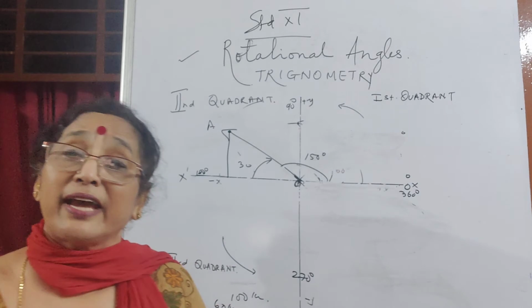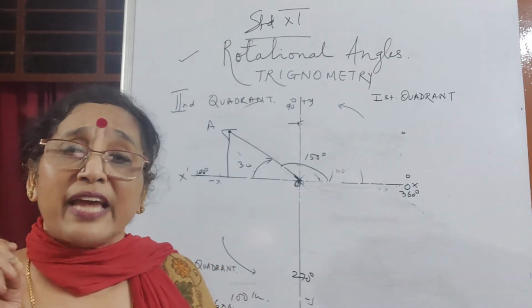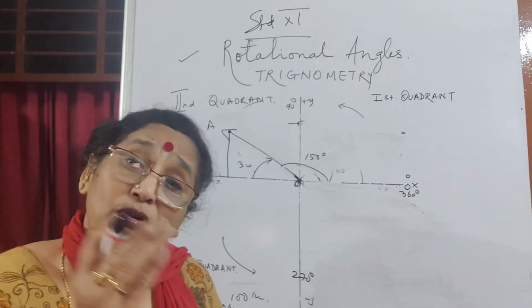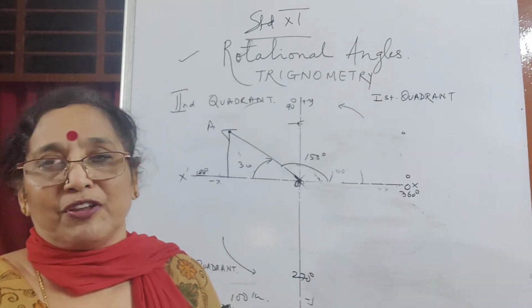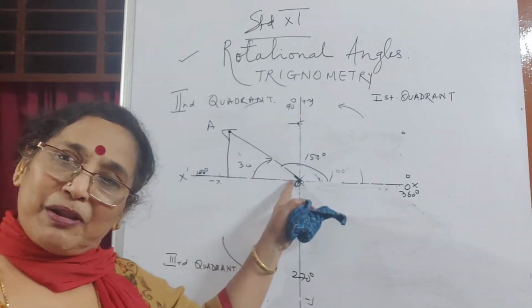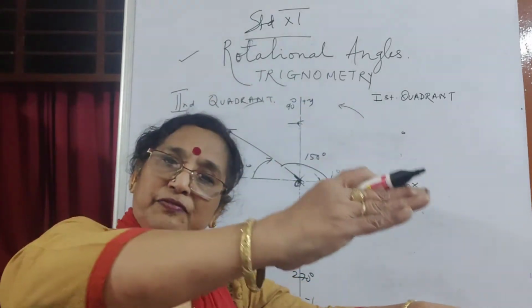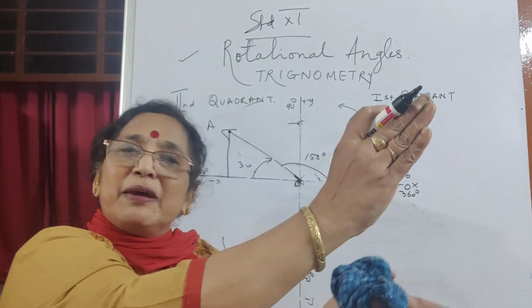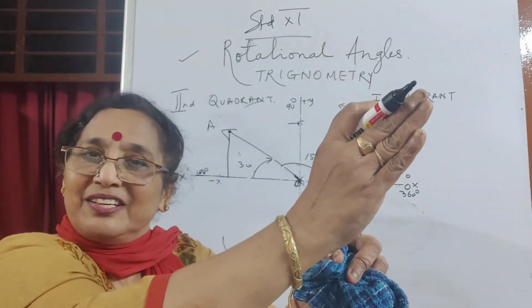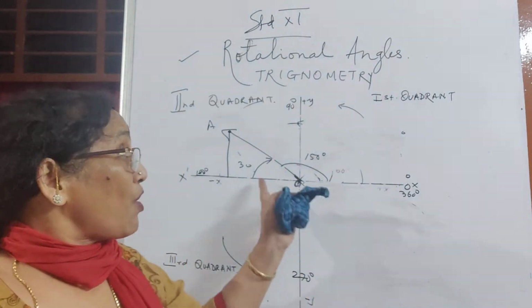What I mean to say is, if I say sine 135 degrees, what is the supplement of that? 45 degrees. So let us take the supplement with the horizontal line. 135, you come here, same as 45.